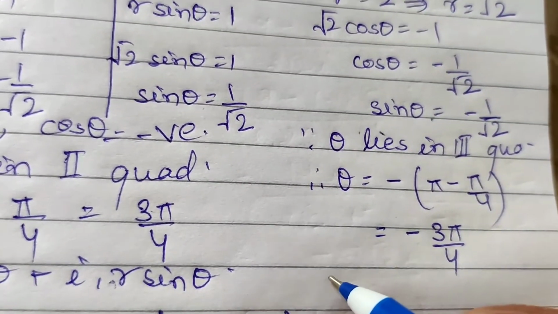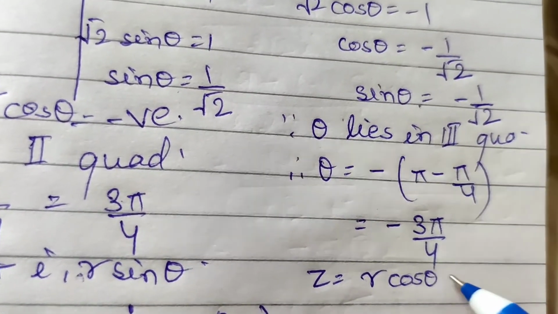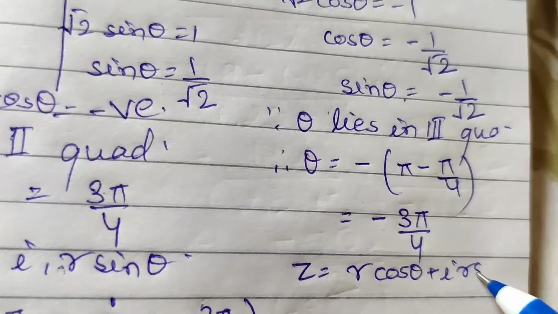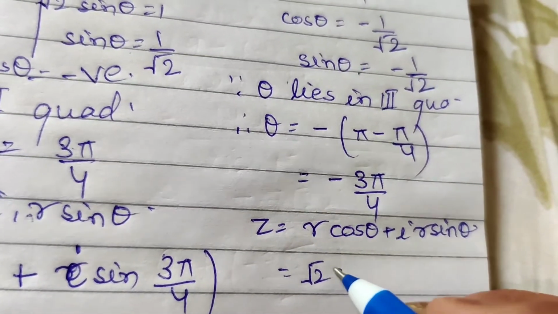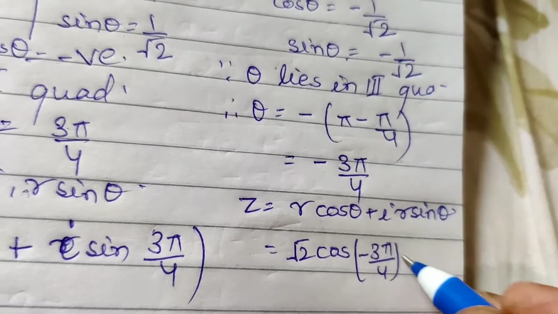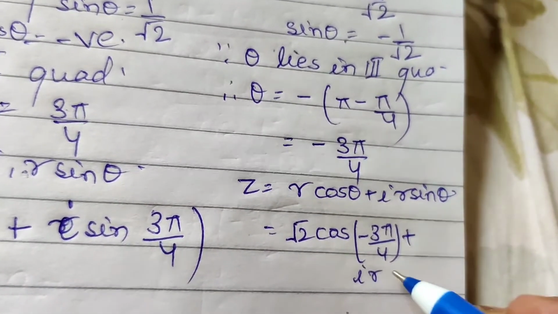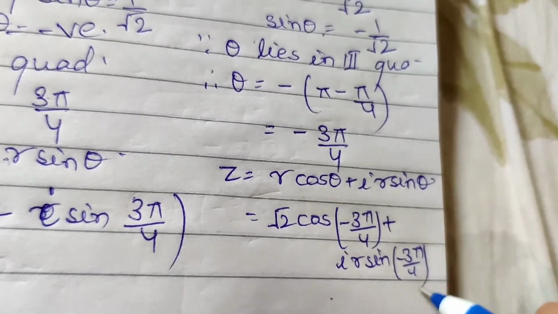So we can write z equal to r cos theta plus i r sin theta. Just put the value of r is root 2, argument is minus 3 pi by 4.